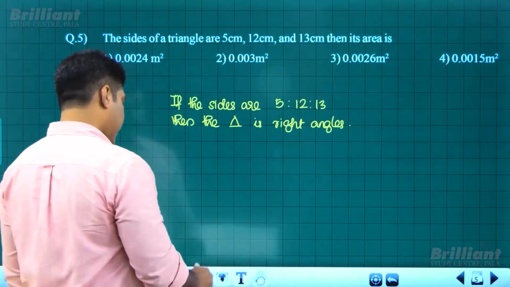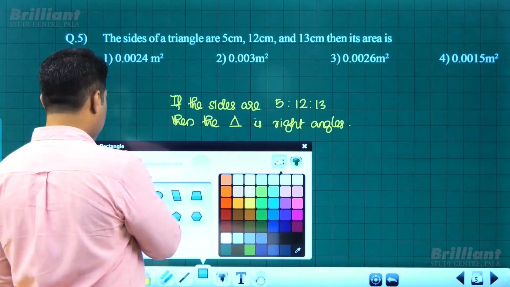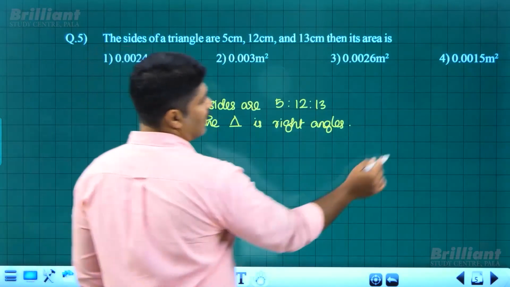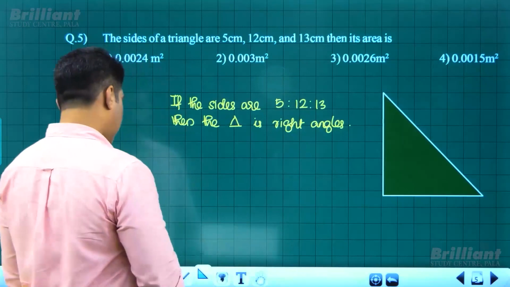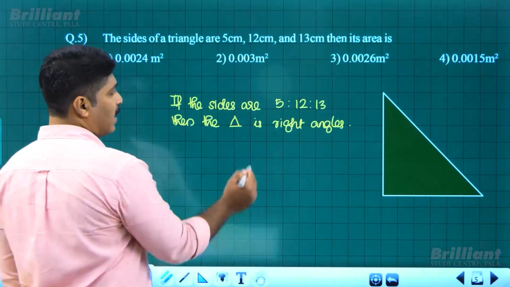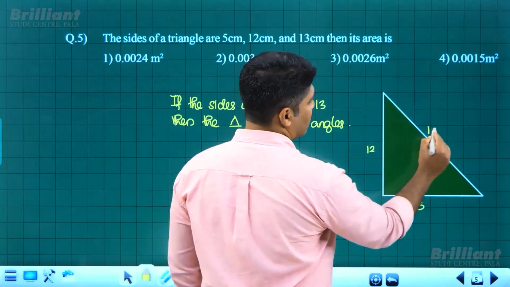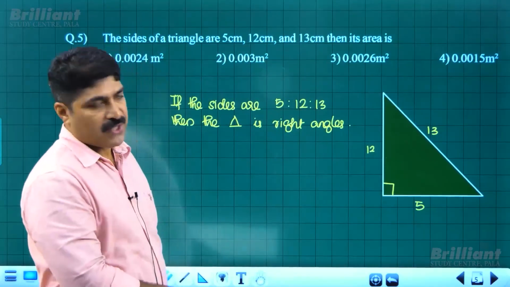So if the given triangle is a right angled one, then how to find out its area? If you are considering a right angled triangle, then find what its area is. So here, this is 5, this is 12, this is 13. We just consider the measures like this. So what is the area of such a triangle?